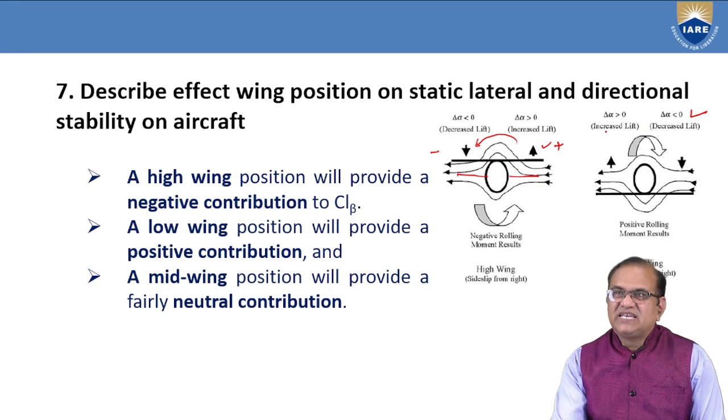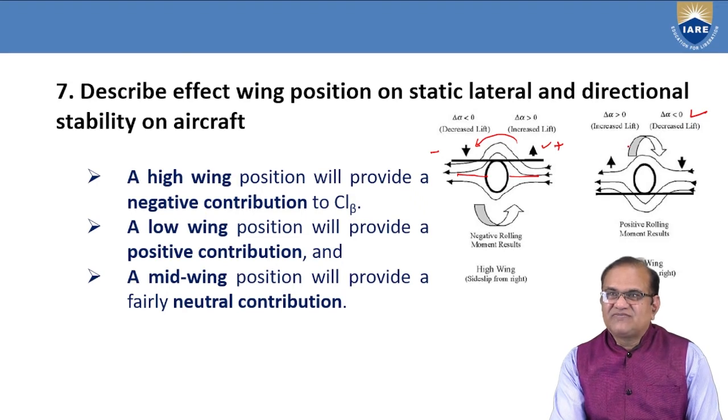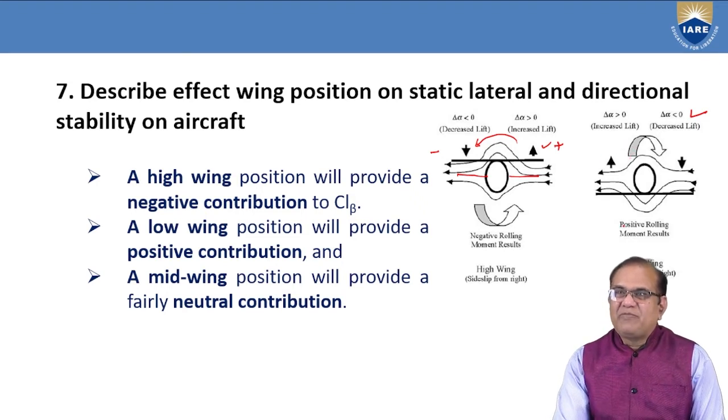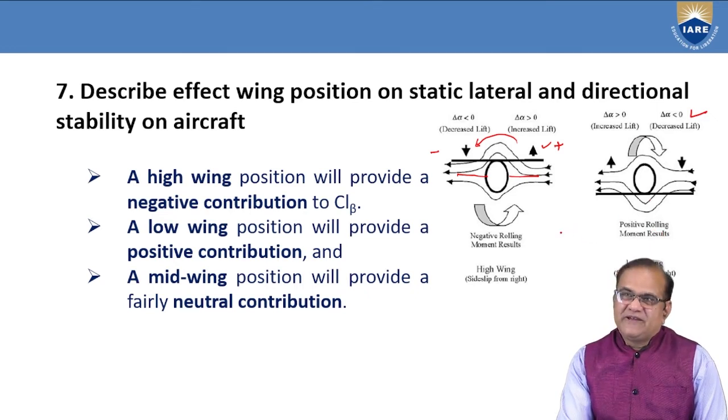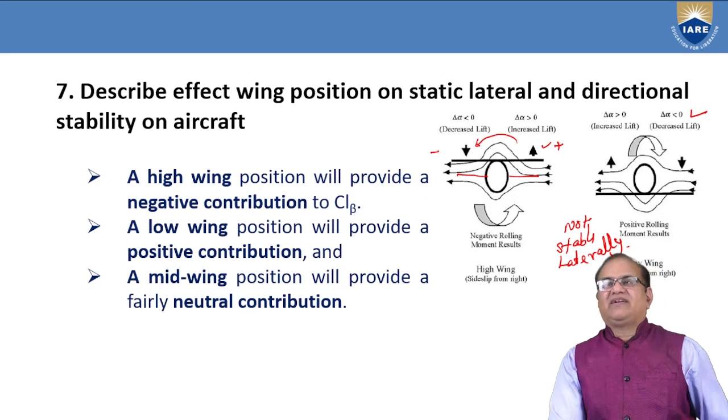This wing is experiencing delta alpha greater than 0, so it is increased lift. This increased lift will generate a positive rolling moment, and this positive rolling moment is not stable. Not stable laterally.